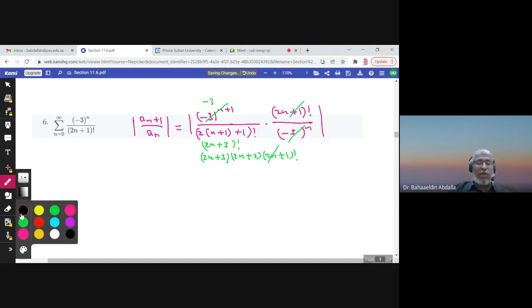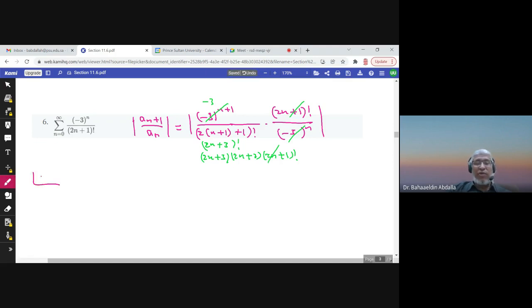So actually I can talk about now the limit when n goes to infinity of the absolute value of negative 3, which would be positive. So I'll have 3 in the numerator, and in the denominator I have (2n plus 3) times (2n plus 2).